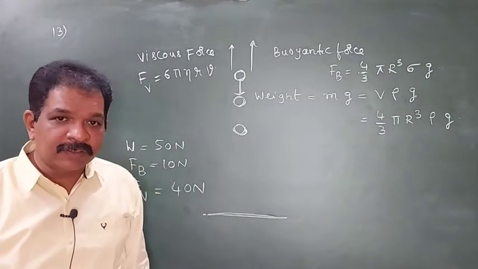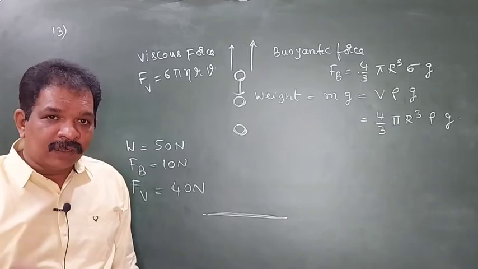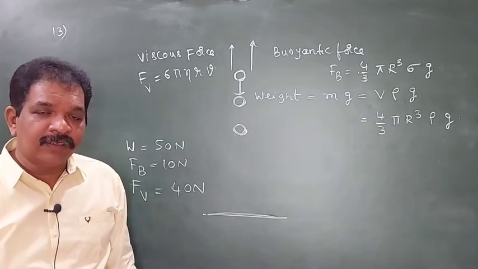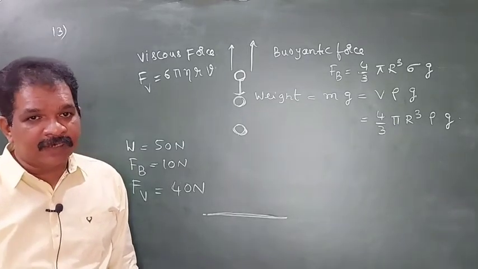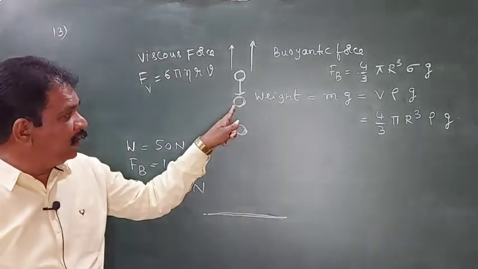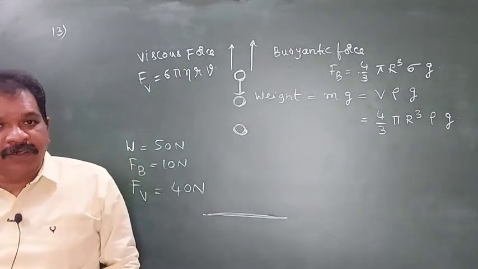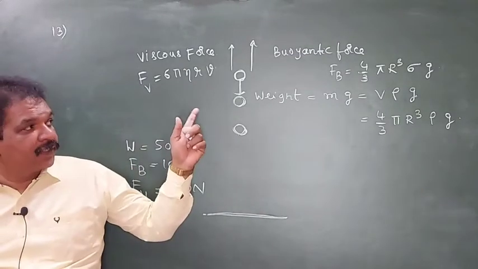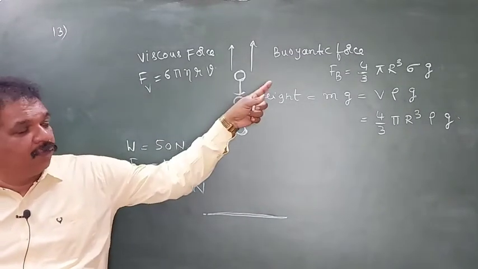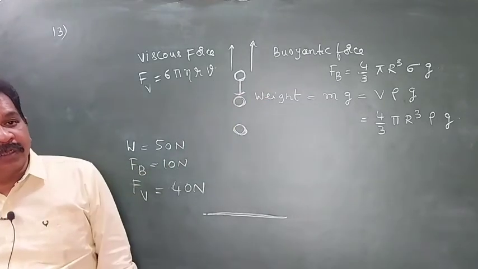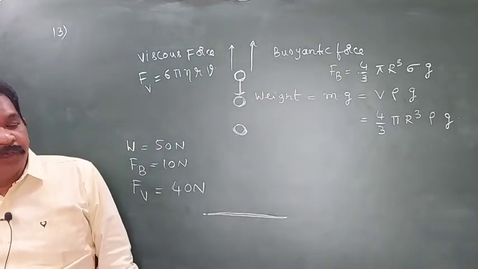If the point is understood, when a drop is falling in the air, three forces will act on the drop. Weight means gravitational force. It will act in the downward direction. Viscous force and buoyant force, both will act in the upward direction.